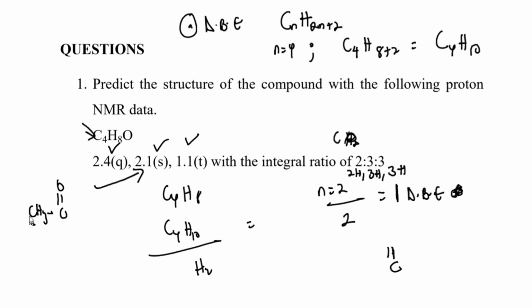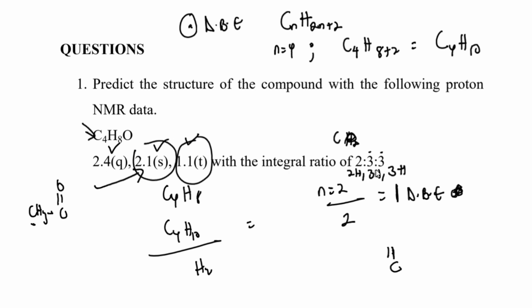Another thing we can also do is just obtain the structure from the values given here. So this one is for these 2, this one here is for these 3, and the last one here is for these 3.